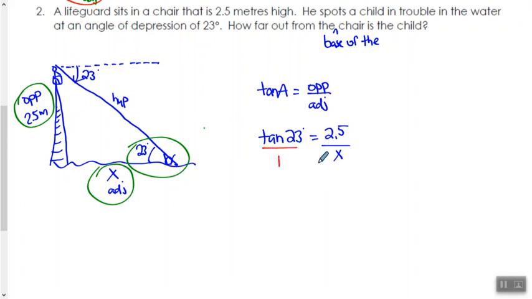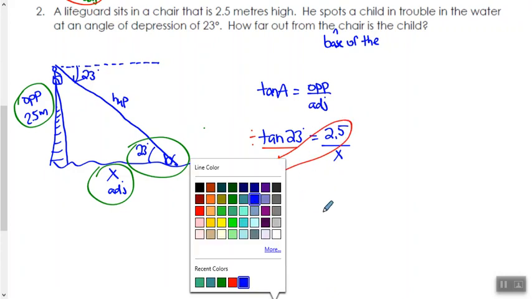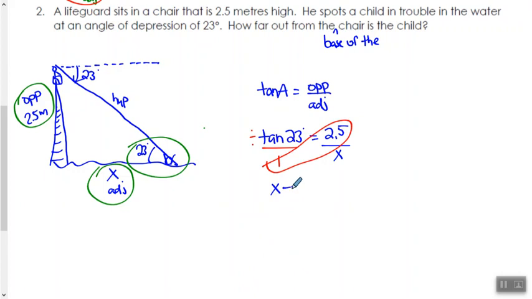Turning that into proportion, solving for this one, I will divide by tan 23 and multiply these two together. So x will equal 2.5 times 1, which is 2.5, divided by tan of 23.